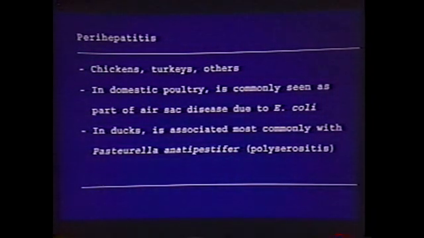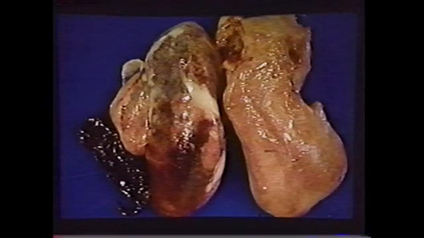I should mention that E. coli is a normal inhabitant in the upper respiratory tract of poultry. So whenever there is damage to the trachea, any irritation, it will result in septicemia with bacterial infection, which will result in perihepatitis, pericarditis, all that air sac disease.